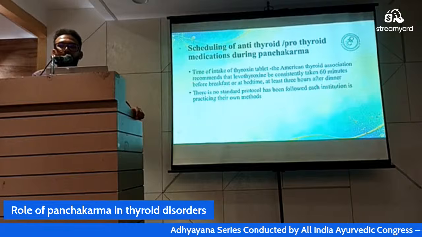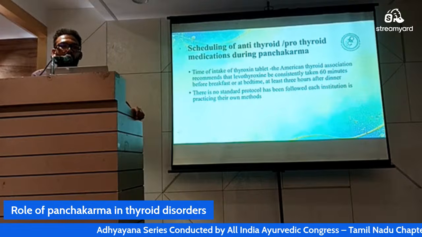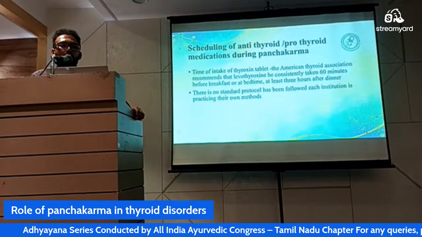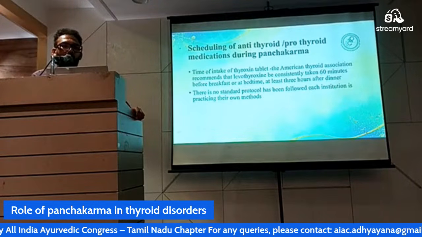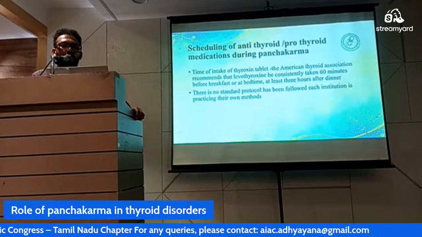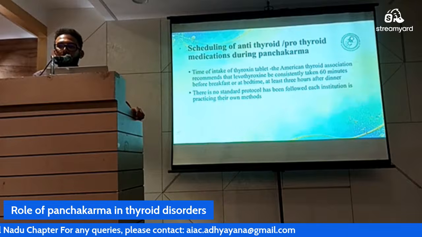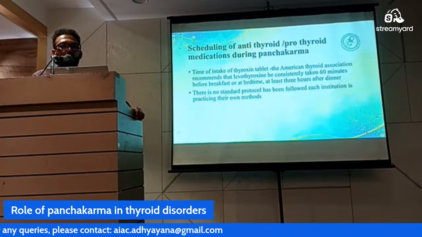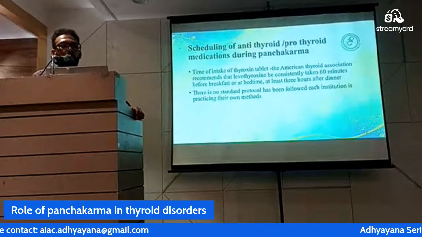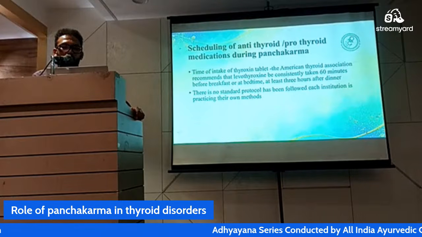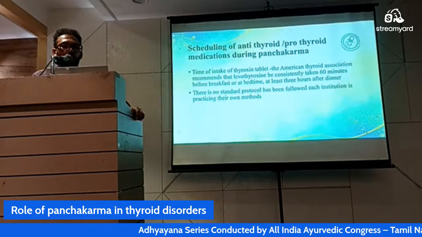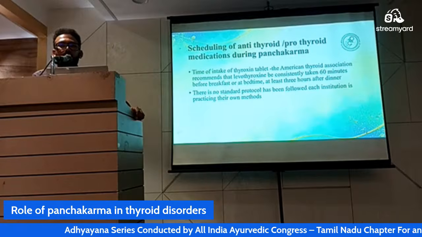So this should never be stopped immediately. You can start to taper the medication dosages only after the samsarjana karma is completed and the patient starts to take the shamanaushadhi, maybe Kanchanara Guggulu or any of the patent medicines which are given. After that, slowly we have to do 3 months of continuous follow-up tests of TSH, T3, T4 levels.